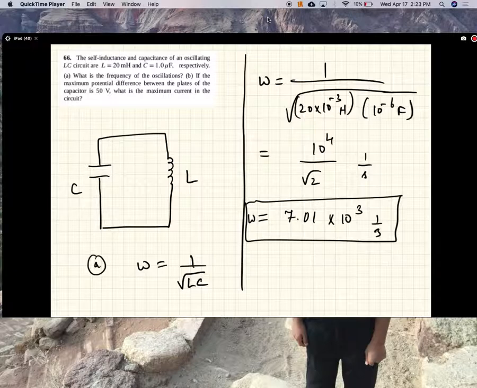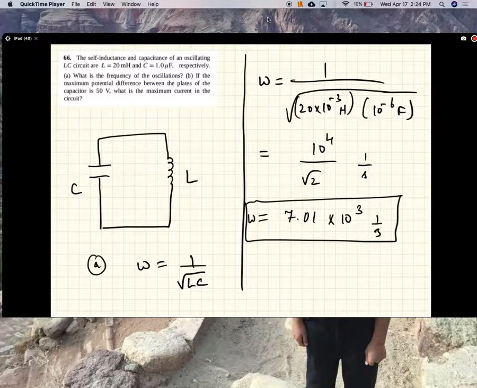Part B: if the maximum potential difference between the plates of the capacitor is 50 volts, what is the maximum current in the circuit? In this, you can look at your notes. Here the charge is varying sinusoidally, so the current is varying sinusoidally, and you can look up the expressions in your notes.